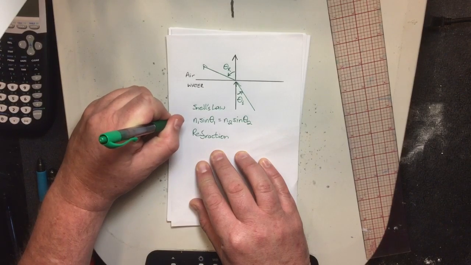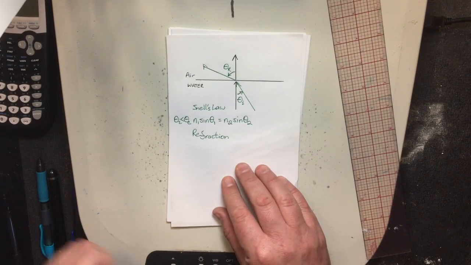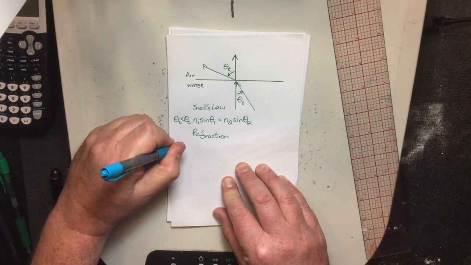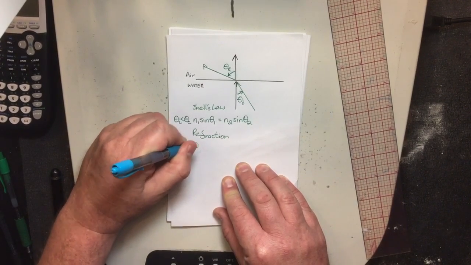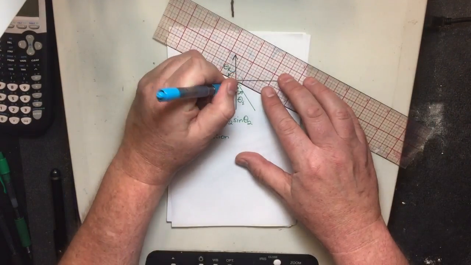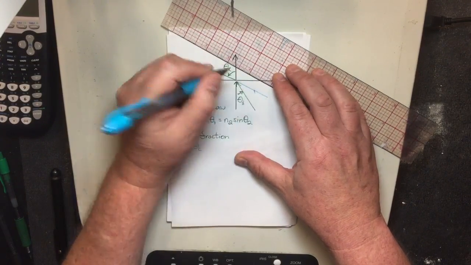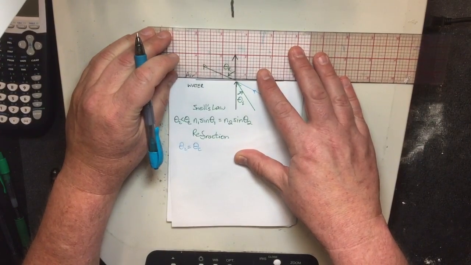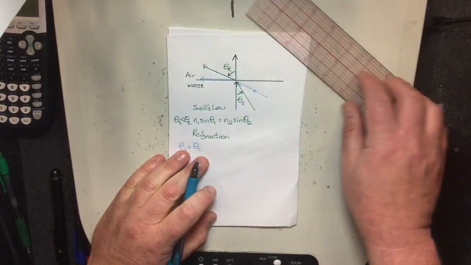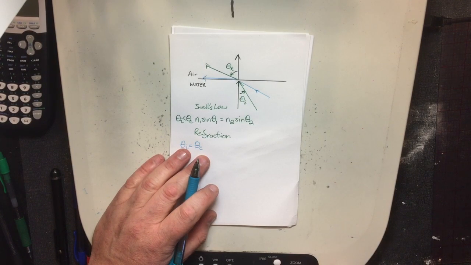So if the angle of incidence is less than the critical angle, you get this. If the angle of incidence is equal to the critical angle, the light doesn't necessarily refract or reflect.